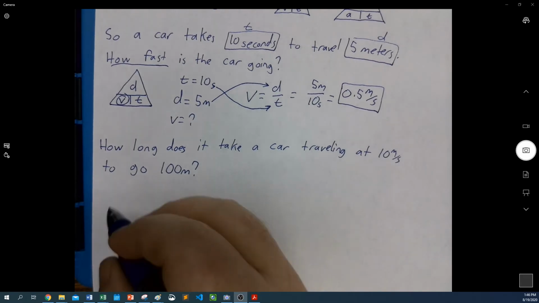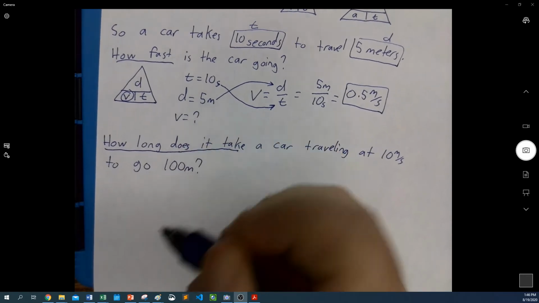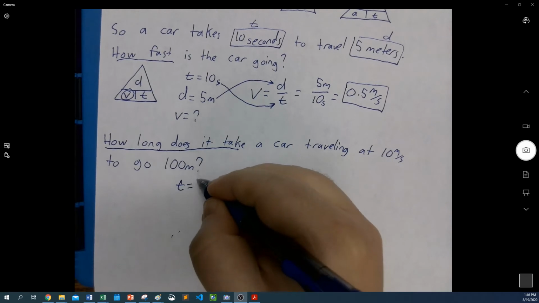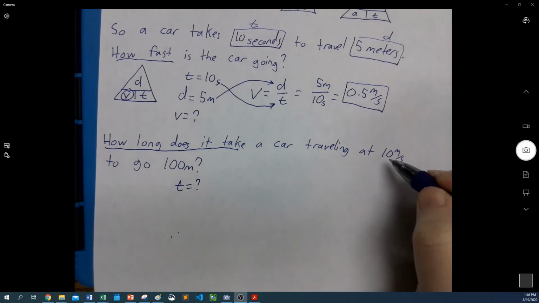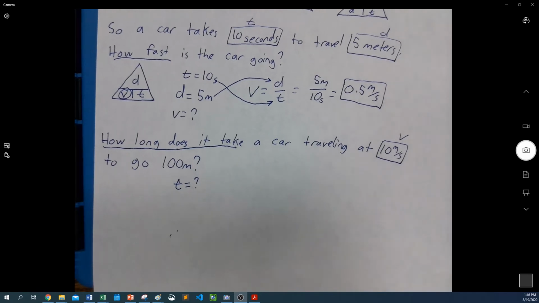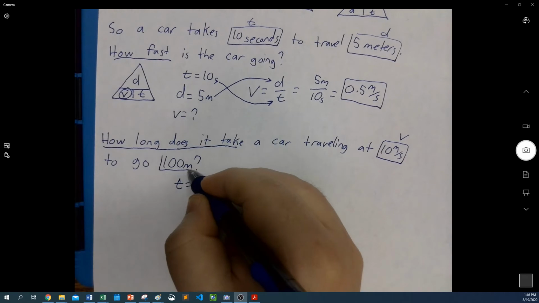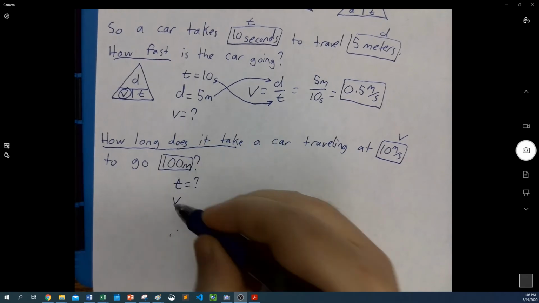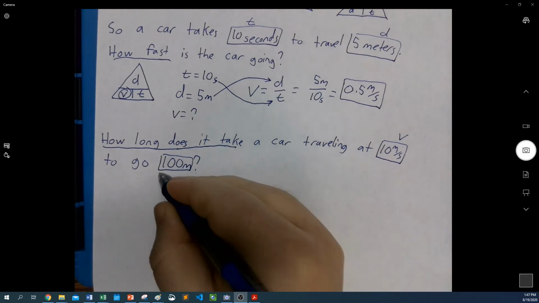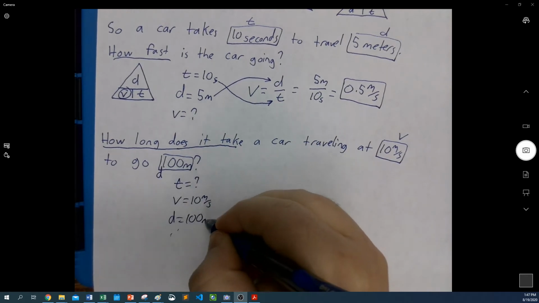So we're trying to find how long does it take. So we're trying to figure out time. A car traveling at 10 meters per second, that would be their speed or velocity, to go 100 meters. So speed is 10 meters per second, and our distance is 100 meters.